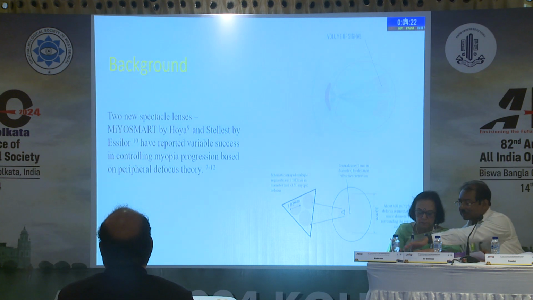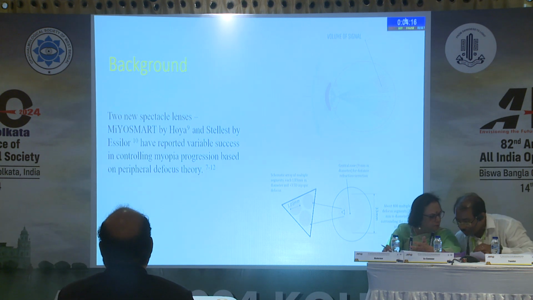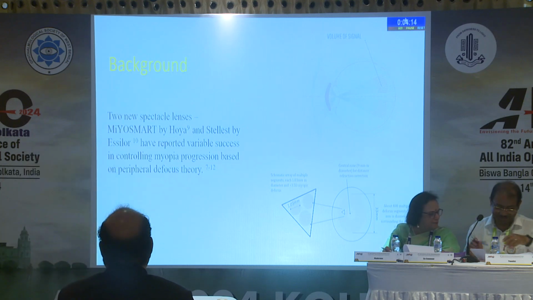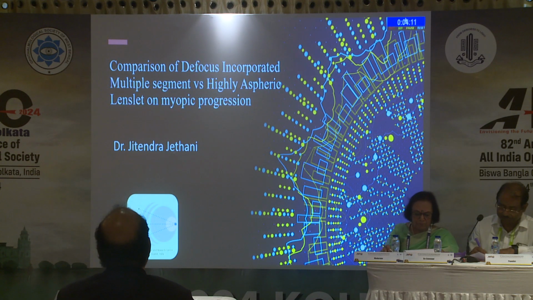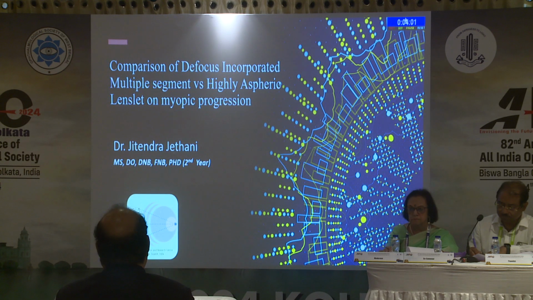With this background, two new spectacles, MyoSmart by Hoya and Stellest by Essilor, have reported variable success in controlling myopia progression. So we did a study to compare defocus incorporated multiple segments, that is DIMS, versus highly aspheric lenslets, that is HALT, on myopia progression.